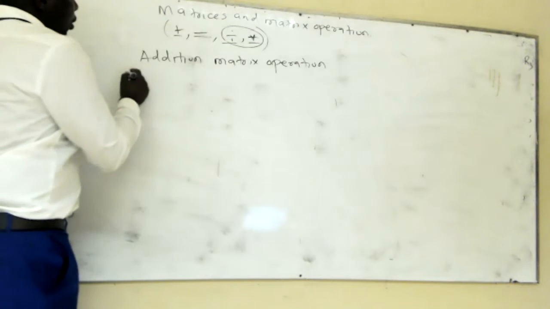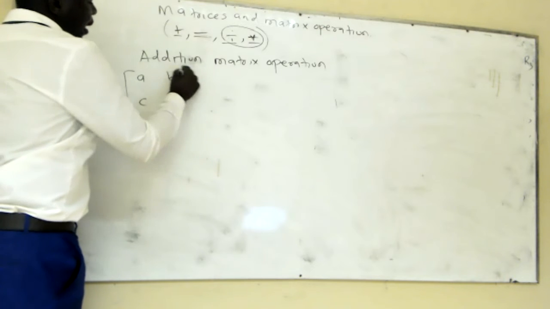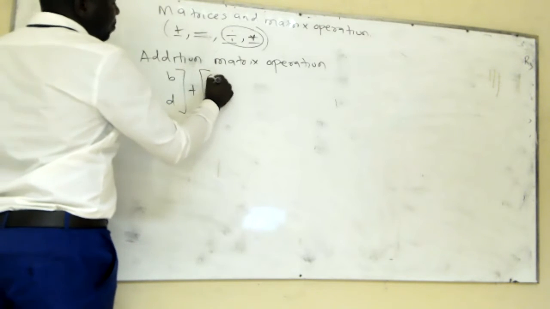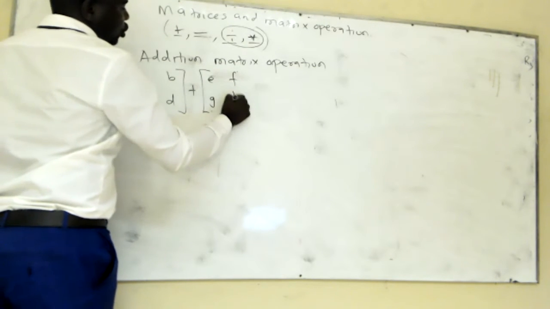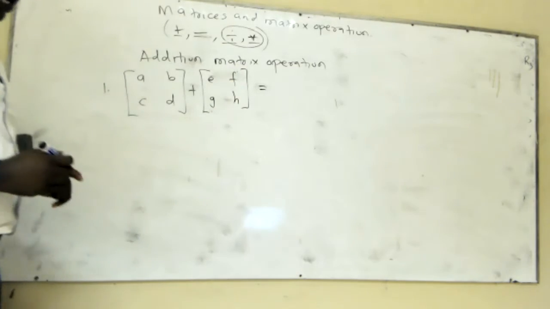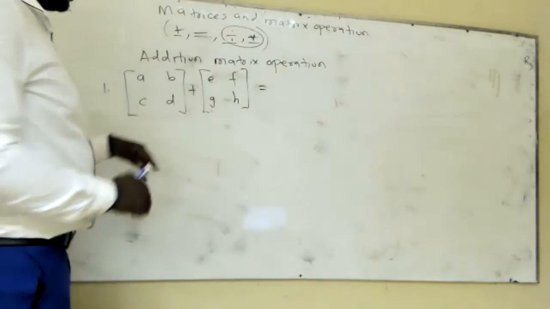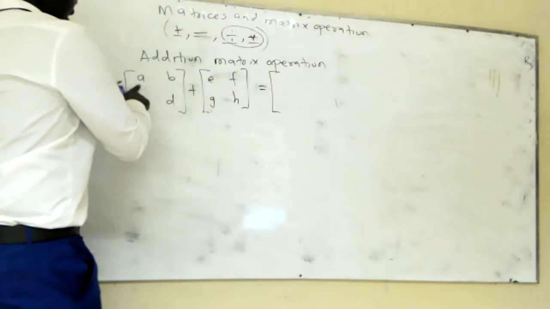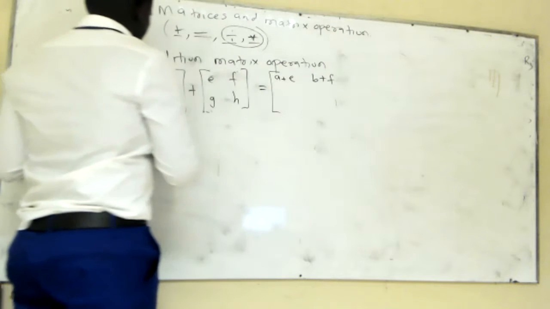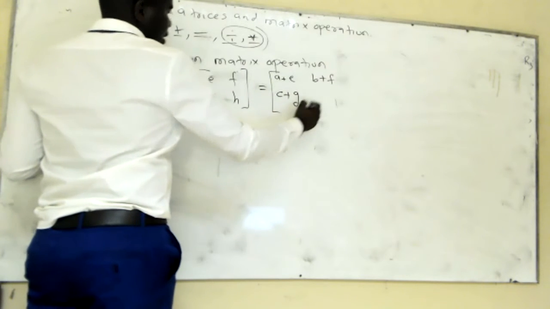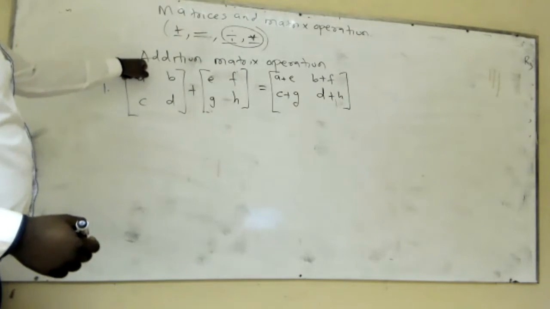So let's start with the addition. Let's say we're using a 2 by 2 matrix, which is given by A, B, C, D. And we want to add it with another matrix, let's use E, F, G, H. So if we add these two, we're going to have A plus E, and then the next one is B plus F, and then C plus G, and then the last one will be D plus H. So that is what we do for addition.